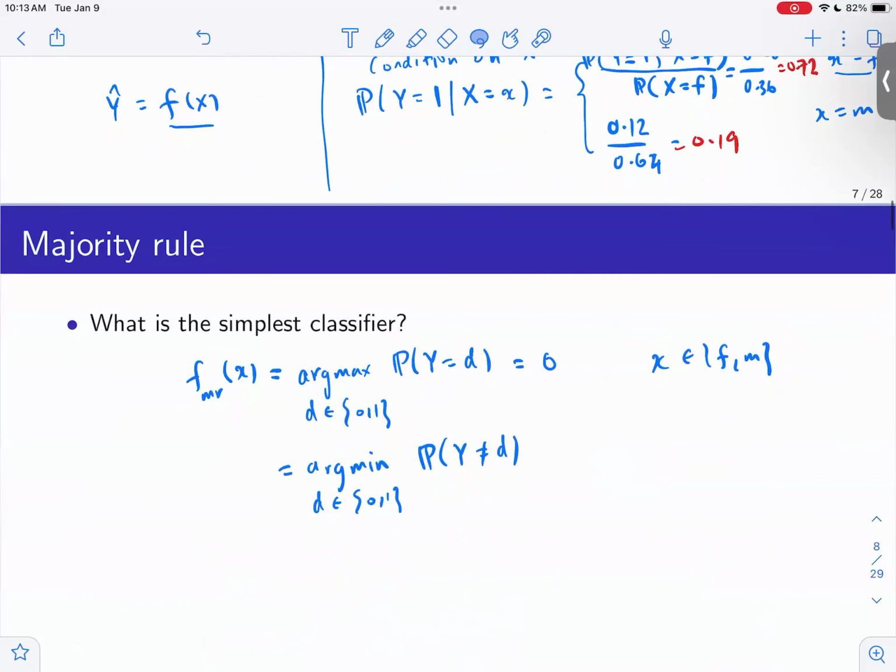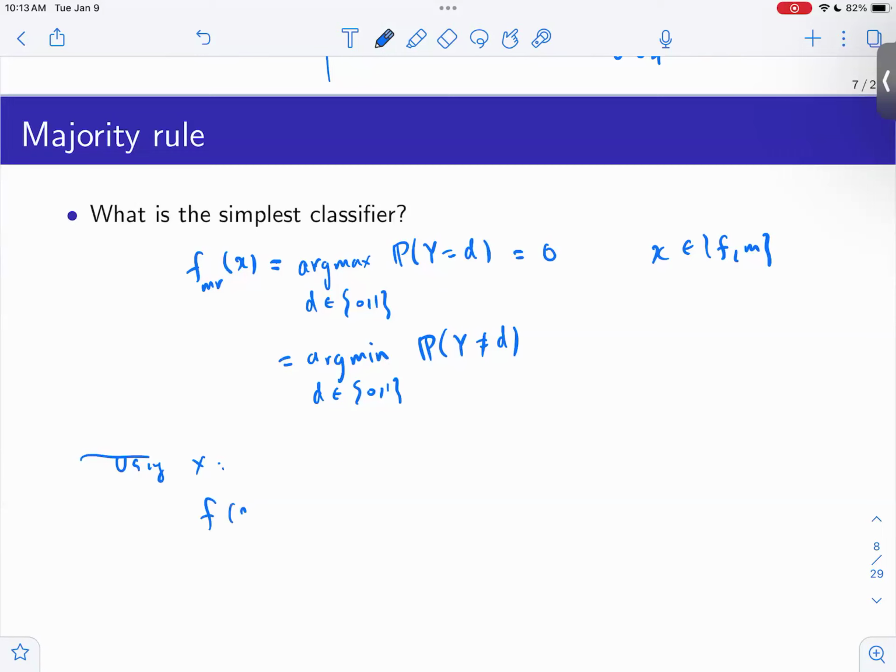Using X, we get this classifier, which you can think of as the argmax over d in {0, 1} of the probability that Y is equal to d given X equal to x.